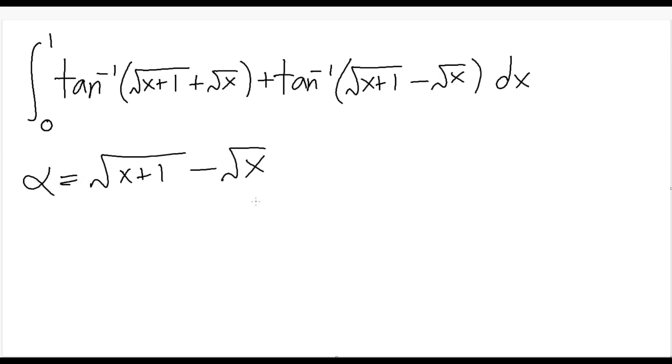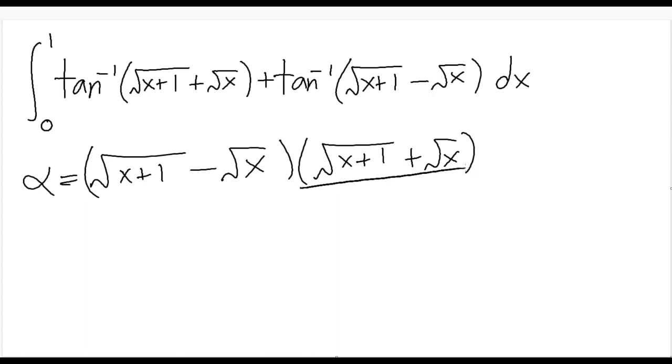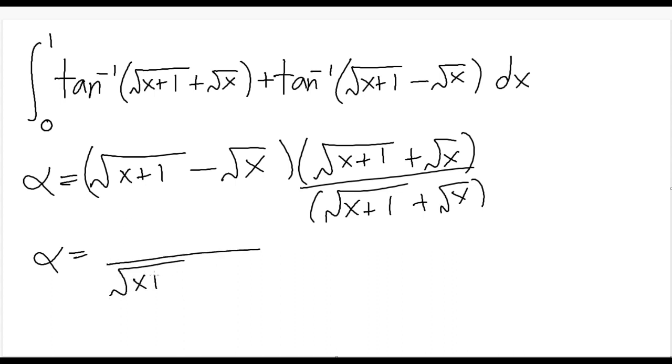If I conjugate this, top and bottom of this, square root of x plus 1 plus square root of x, and then multiply top and bottom, the typical conjugation. Then the bottom is going to be square root of x plus 1, square root of x.